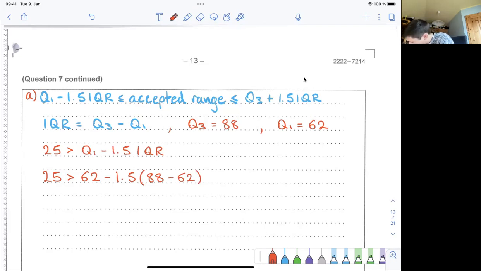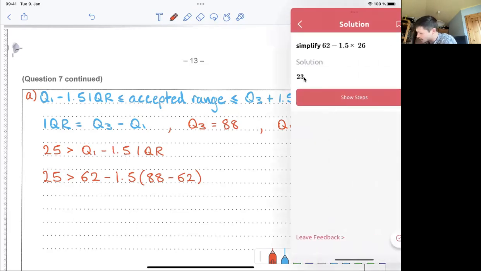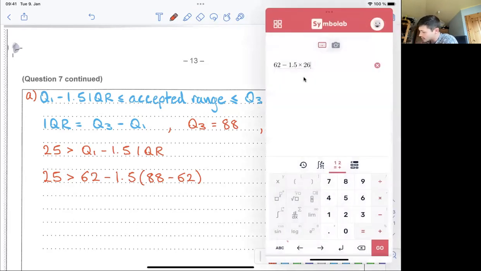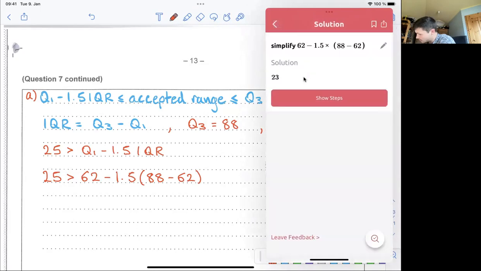We'll do it down here and bring our calculator over. We find 62 subtract 1.5 times brackets 88 subtract 62, and go. That gives us 23.